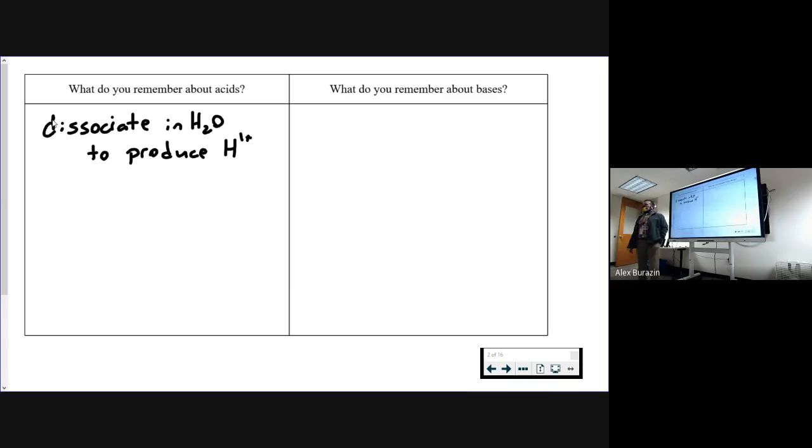What else do we know about acids and bases? Yeah, that's the Bronsted-Lowry definition, right? So acids are proton or hydrogen ion donors. What else?